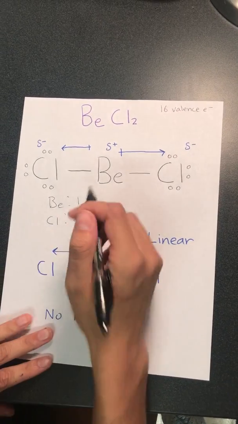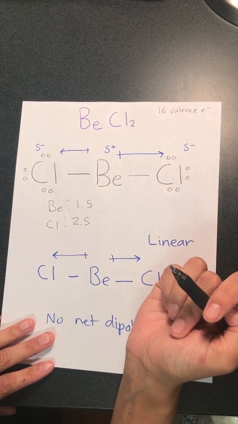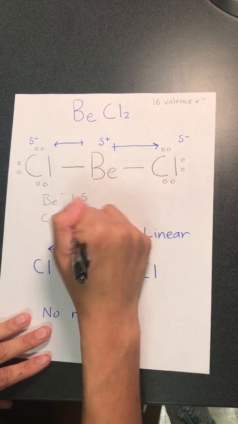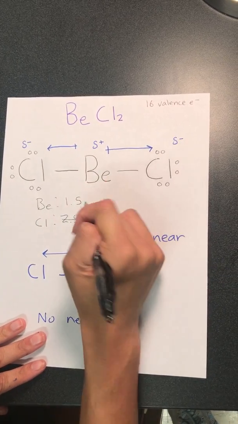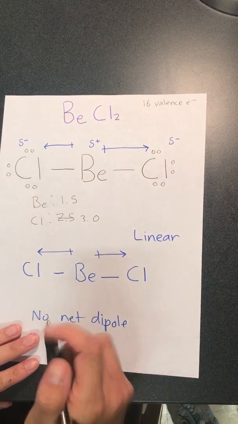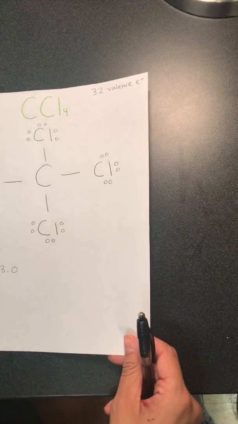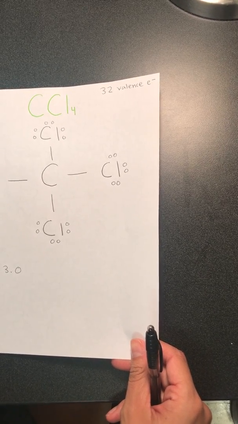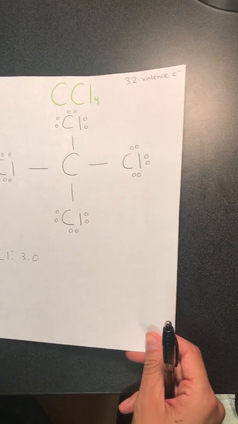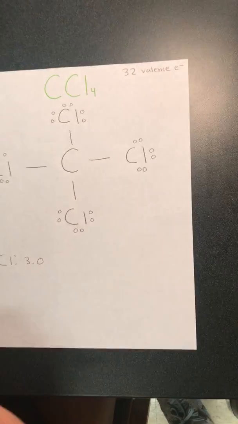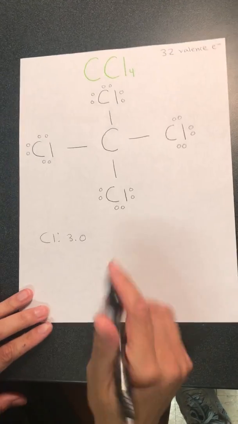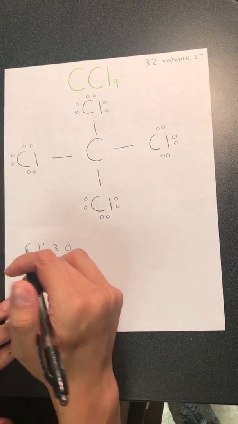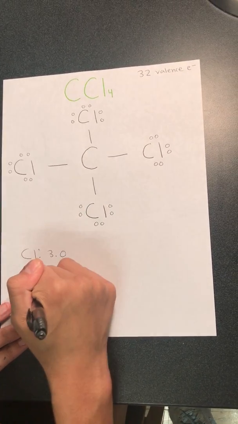Everything is right, I just messed up on the electronegativities. So chlorine is actually 3.0 and beryllium is 1.5. So that's just a change there. Okay, sorry. And then going back to this one, chlorine has a 3.0 electronegativity.